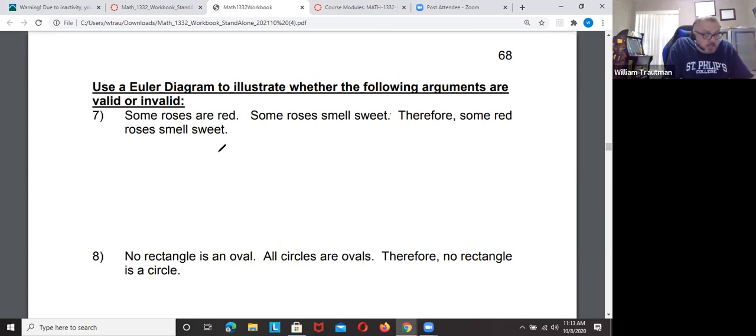Some roses are red. So some are red. If you look, the some looks like this, and we're going to call them roses and red. So do you see right here? Some of these roses are red. Therefore, some red roses smell sweet.